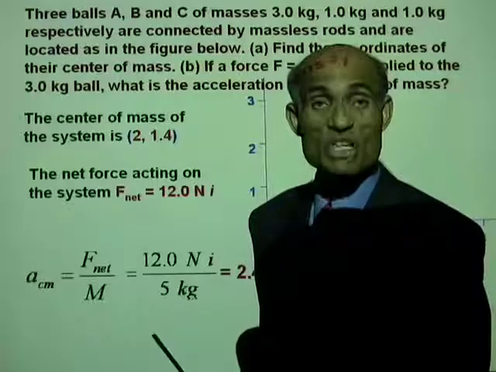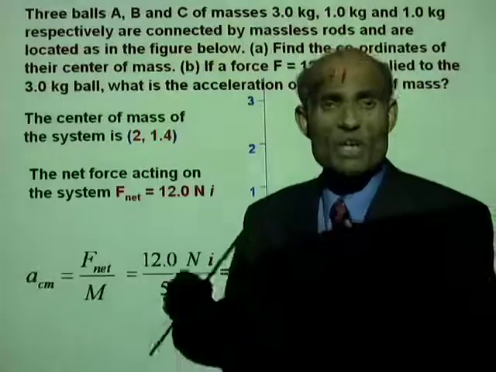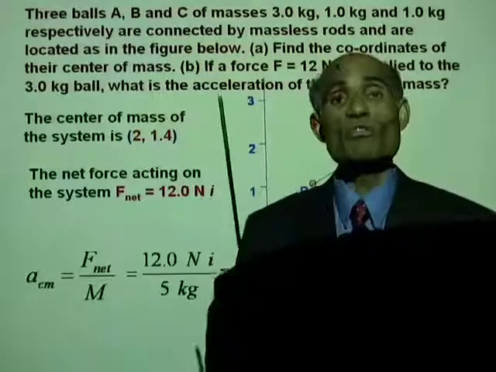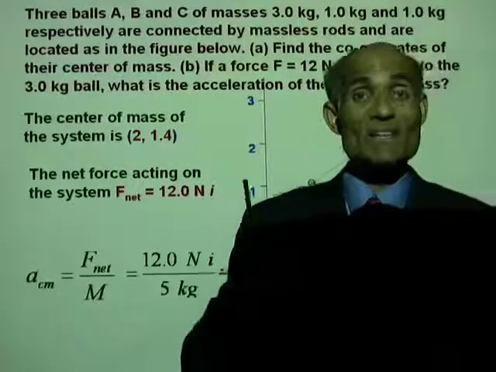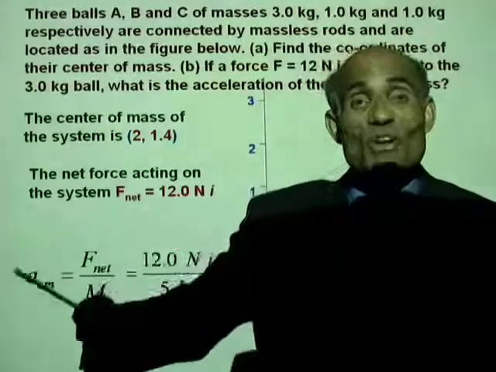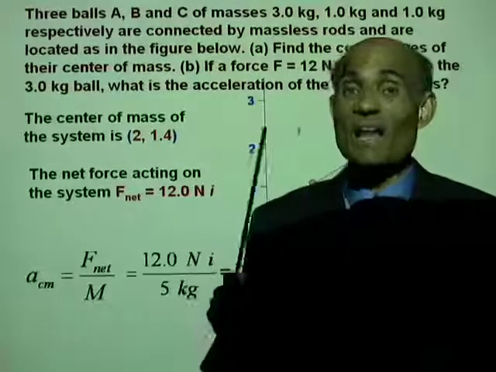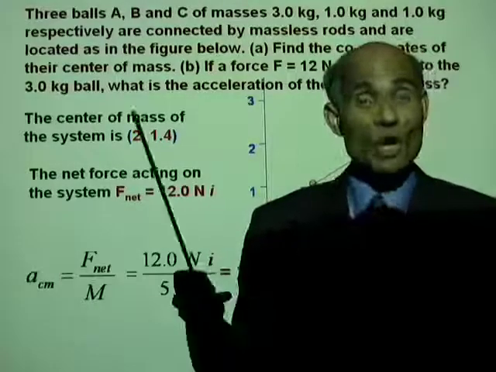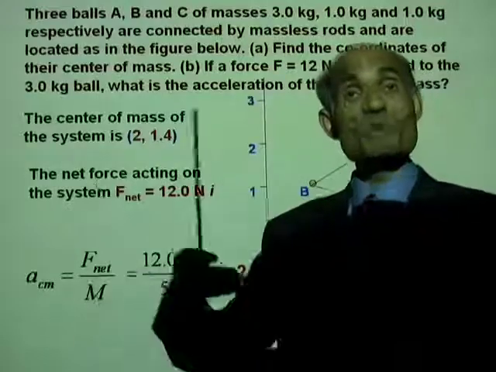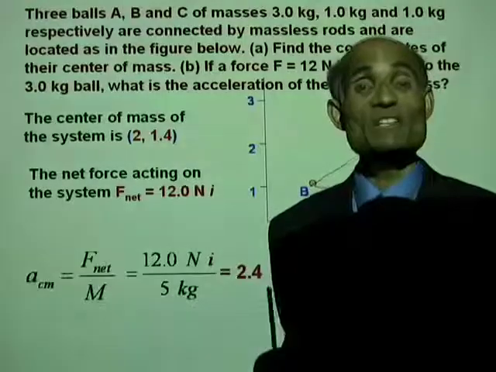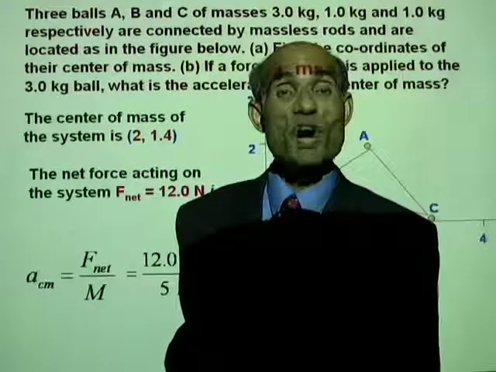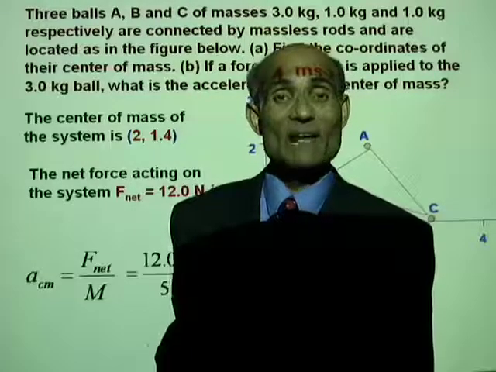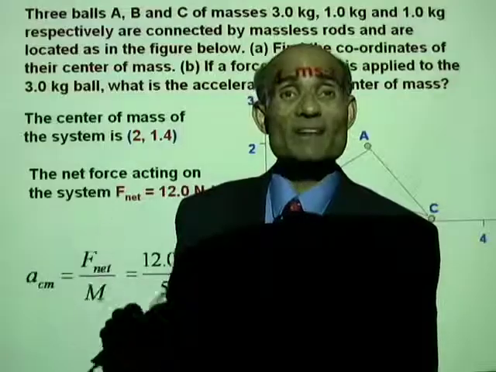I hope that is clear enough, that you have a clear understanding of the center of mass, how to locate the center of mass, how to find the velocity of the center of mass, and how to apply the laws of motion to the motion of the center of mass of a system of objects. I will stop this part of the lesson here and continue with the second part a little later.